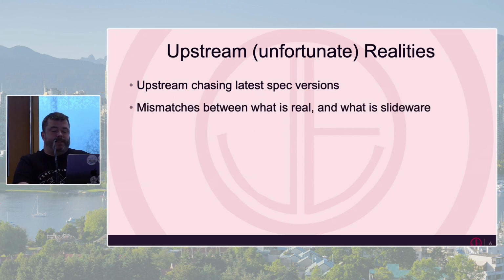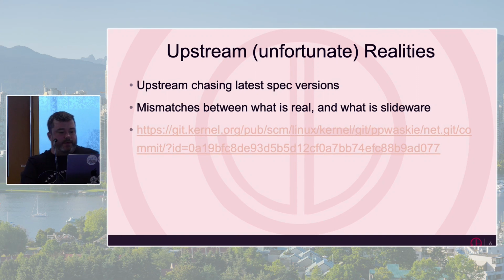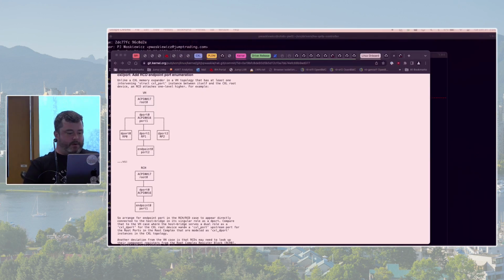But this really does present some issues, right? This is where we have some mismatches between what is real and what is slideware. So I have this link here to a commit upstream that I'm going to just show the picture of, so it doesn't render wrong.